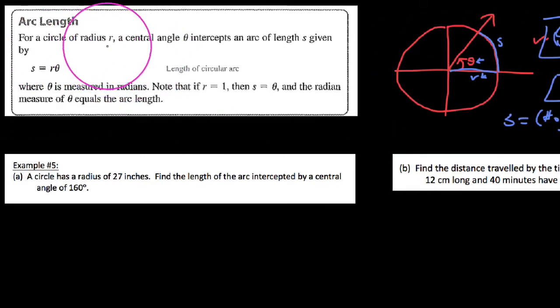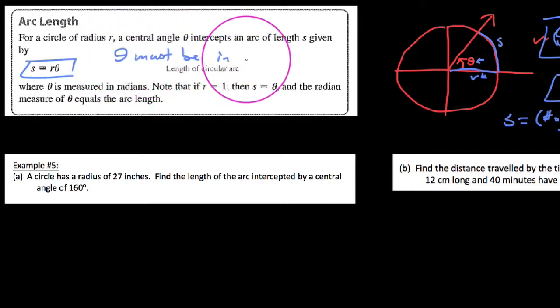For a circle of radius r and a central angle theta which intercepts an arc length of s, the arc length is given by s equals r theta. So this is our arc length formula. The important thing to remember here is that theta must be in radians.